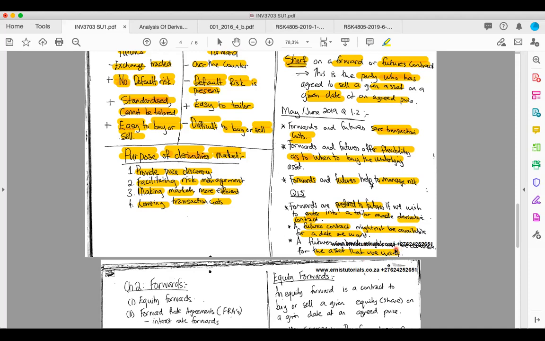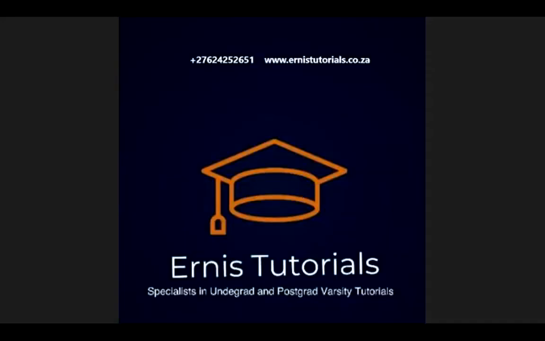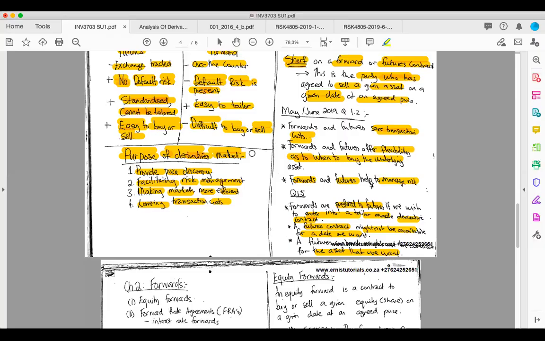Because it's standardized, you might have to settle for a substitute if the exchange doesn't have an alternative. So in that case, you would prefer a forward contract over a futures contract. But remember, forward contracts also carry with them the risk of default.